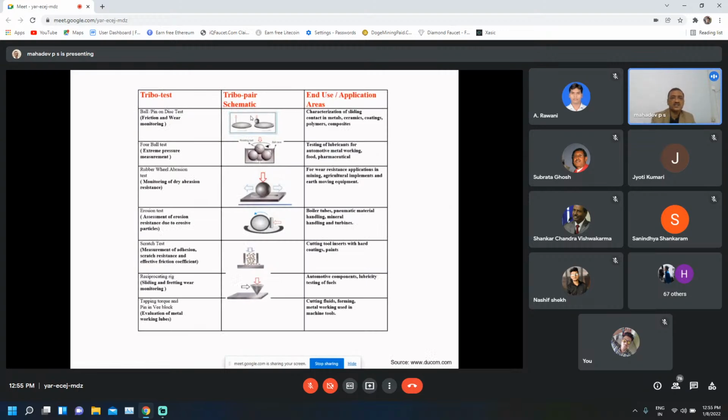So tribo testing is done by using different types of tribo test pairs, like ball or pin on disc machines, 4-ball tester, rubber wheel abrasion, erosion test, scratch test, reciprocating rig, tapping torque, and pin in V blocks.